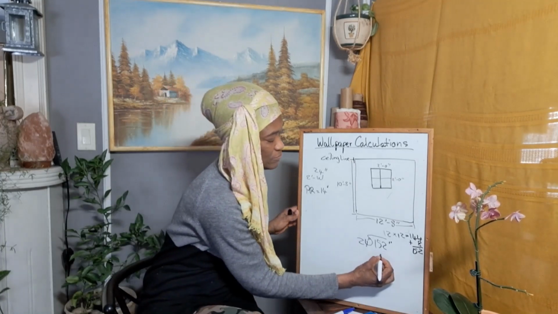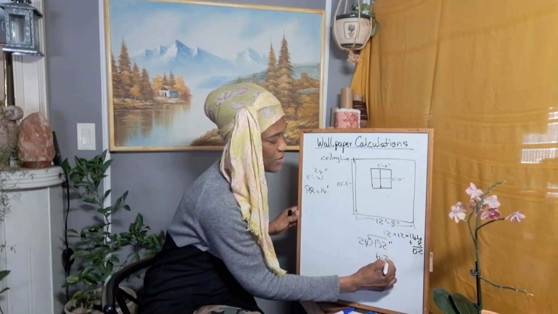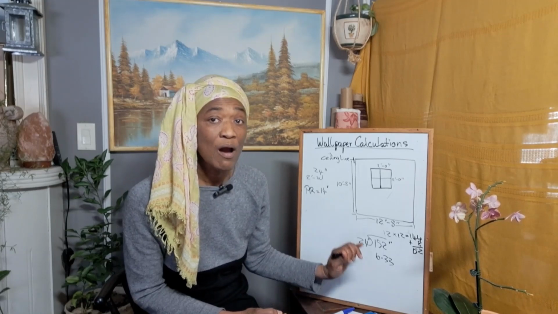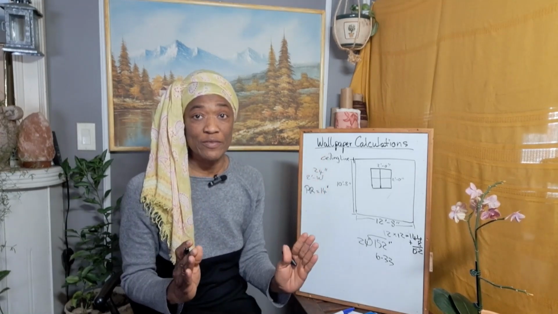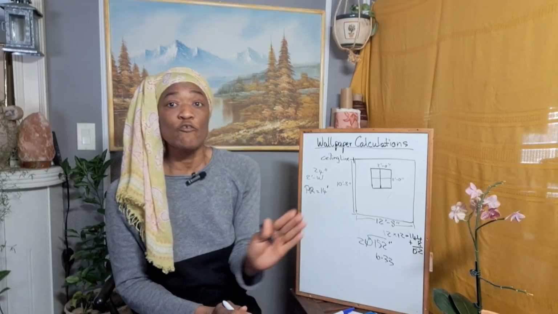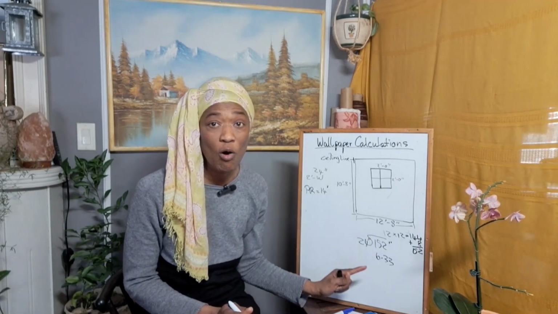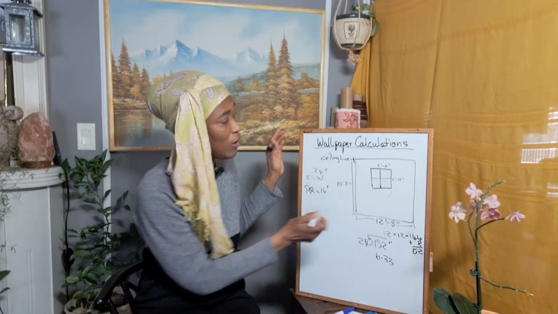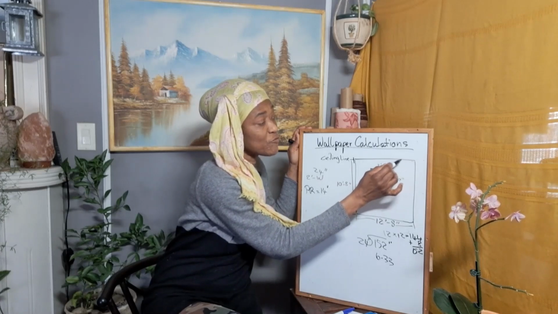6.33. So we have 6.33 widths of wallpaper. However, we have to buy a full width. Therefore, we will have to round off to 7 widths of wallpaper, because if we round off to 6, then the wallpaper will not get to the end of our wall.